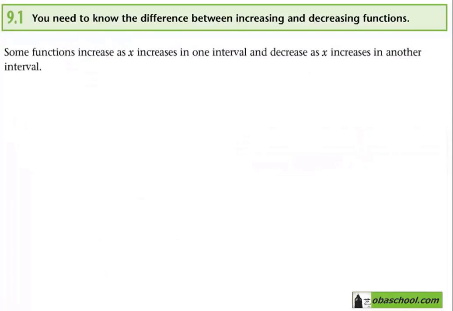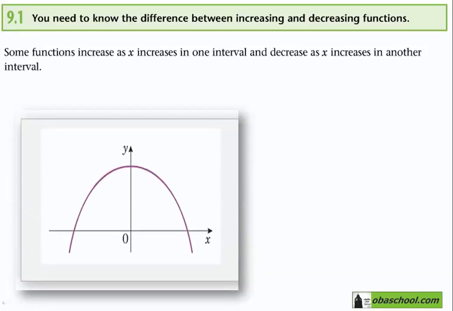Okay, now finally, some functions increase as x increases in one interval and decrease as x increases in another interval. Look at the graph in order to understand better. Here we have, before the 0 it is increasing, and after the 0 it is decreasing. So this has 2 parts.